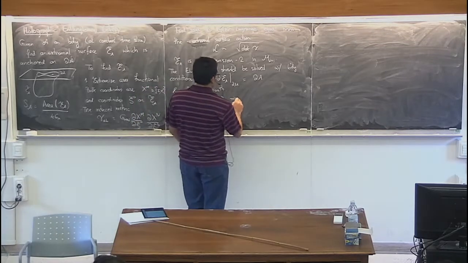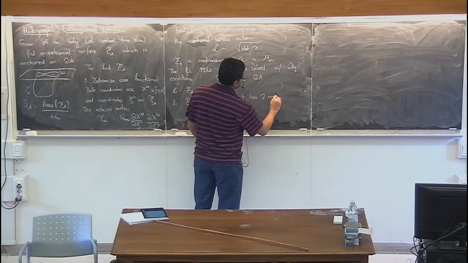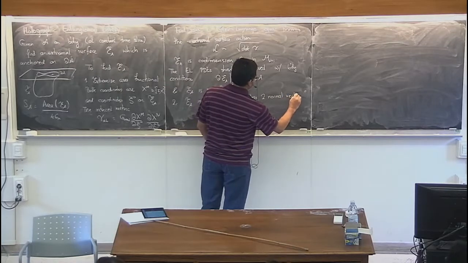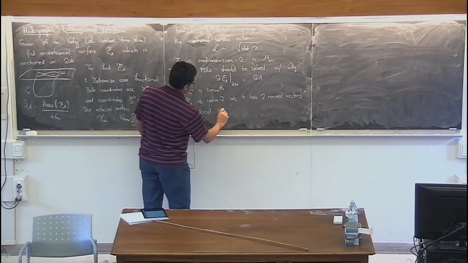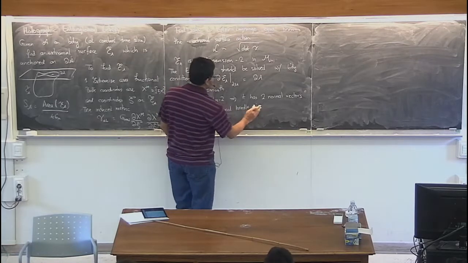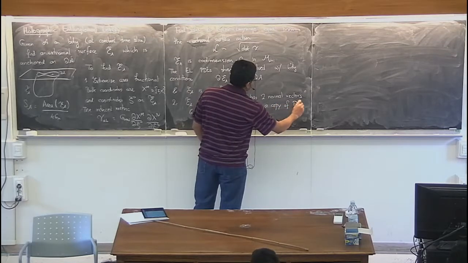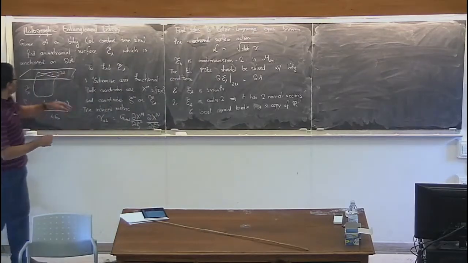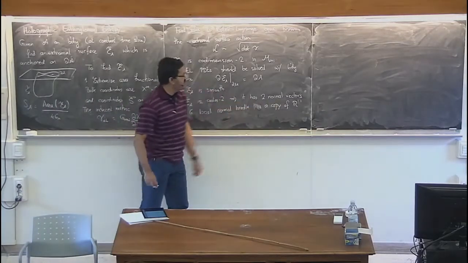It means that it has two normal vectors, and the local normal bundle has Minkowski signature, is a copy of R^{1,1}. So as I said, E_A is a space-like surface sitting in a spacetime. One direction away from that surface is time-like, the other direction is space-like. That's what this statement means.